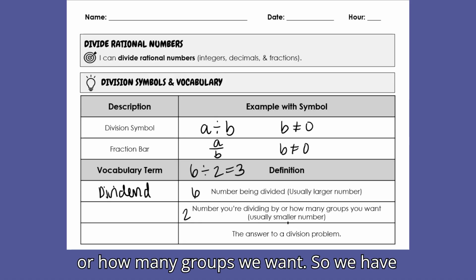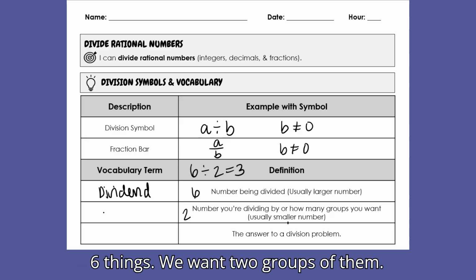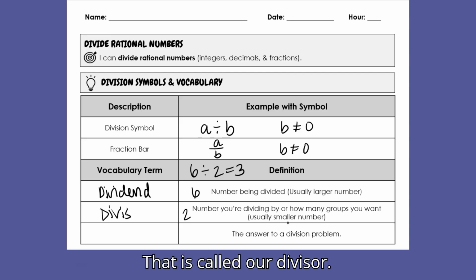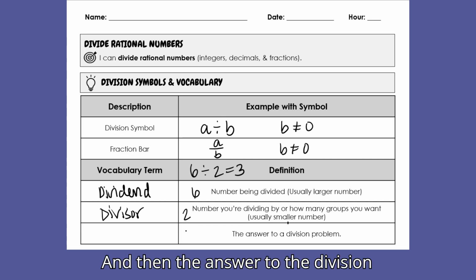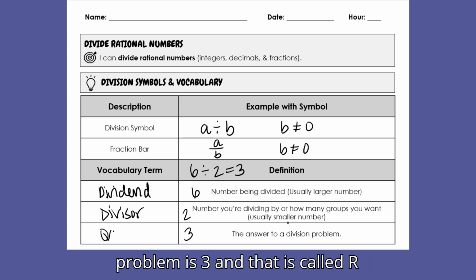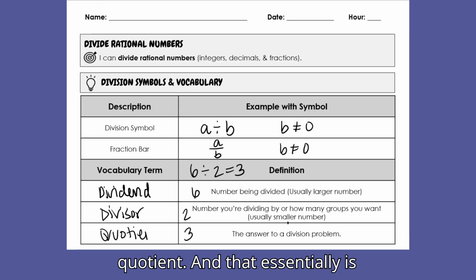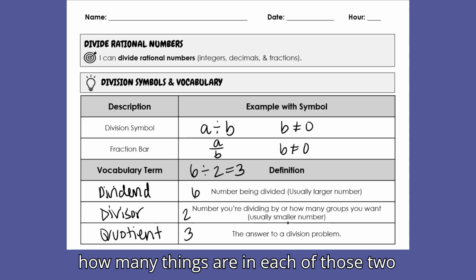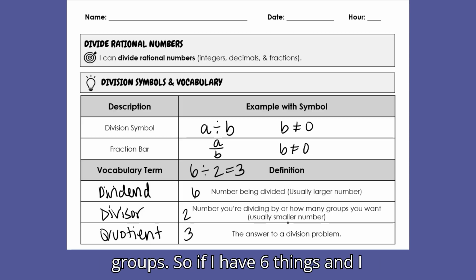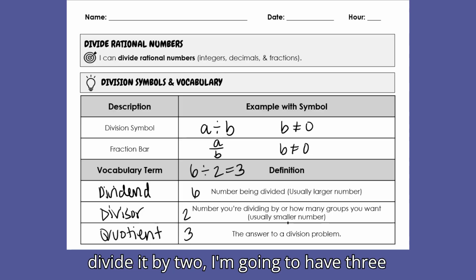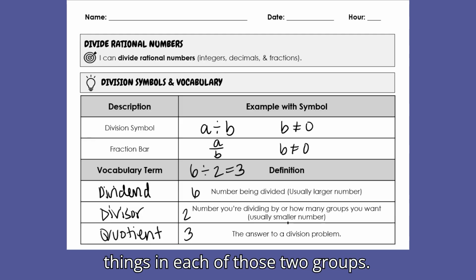So we have 6 things, we want 2 groups of them. That is called our divisor. And then the answer to the division problem is 3, and that is called our quotient. And that essentially is how many things are in each of those 2 groups. So if I have 6 things and I divide it by 2, I'm going to have 3 things in each of those 2 groups.